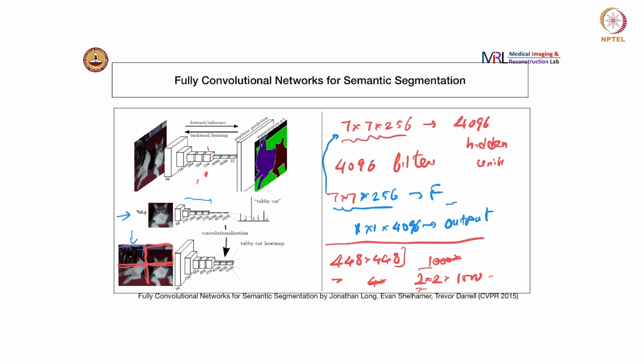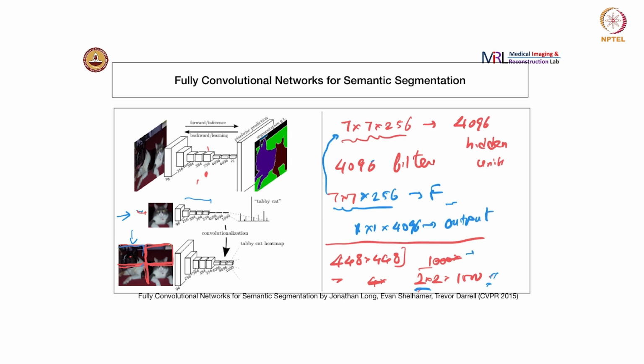Now, one clear problem we have seen is that this is a very coarse feature map. But we would like the probability for each pixel as belonging to a particular class, which is what gives you the segmentation map, correct? So the way to do that would be to upsample this.